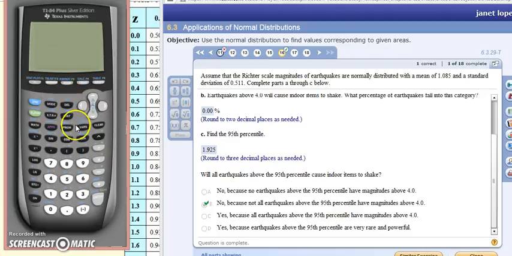You click on second, you go to bars, you scroll down, you go to inverse norm, and then you put your area in there, which is 0.95 in this case. Here is our mean, which they gave us was 1.085, so you put that in there, and then your standard deviation, and you just press enter.